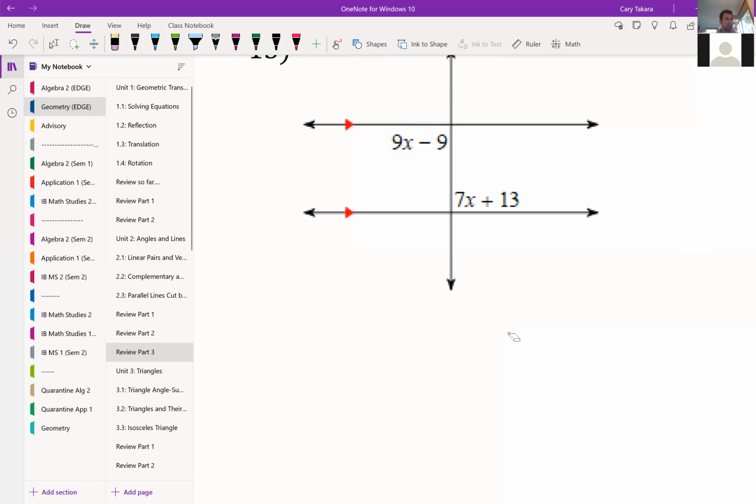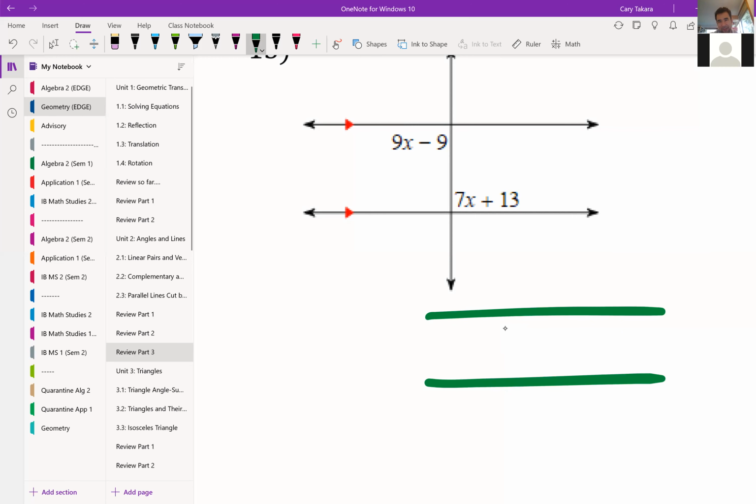How are you guys doing on this? Okay, so it seems like some of you have finished up. So this one we are talking about is kind of like a straight line.